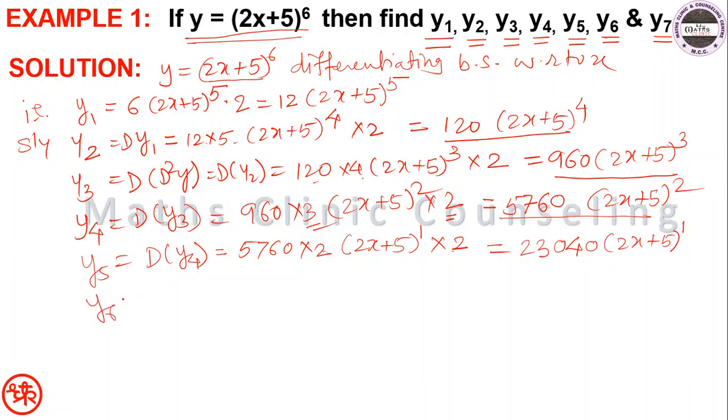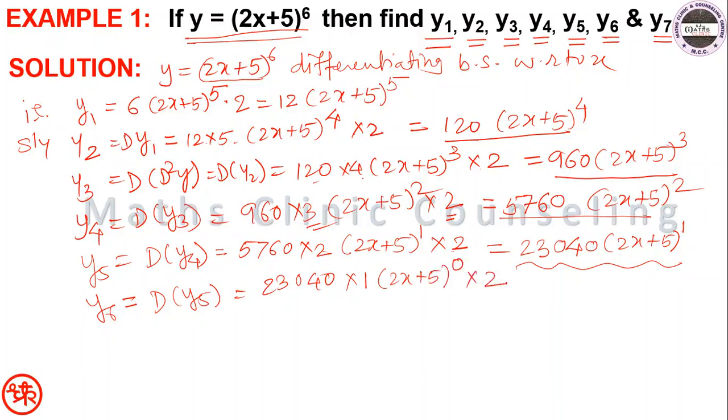Then y6 is equal to how much? D of y5, बराबर है? And that is equal to, now इसको डिफरेंशिएट करेंगे तो कितना आएगा? 23040 into 1 into (2x plus 5) raised to the power 1 minus 1, that is 0, into 2.